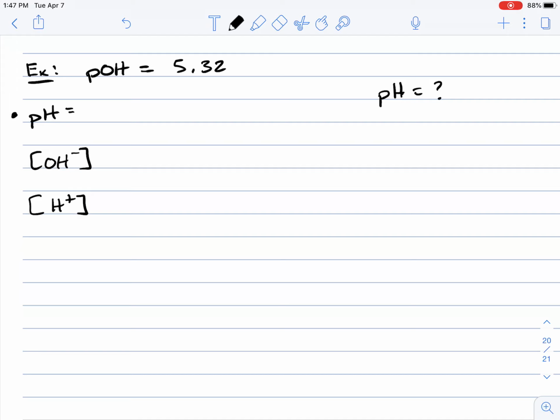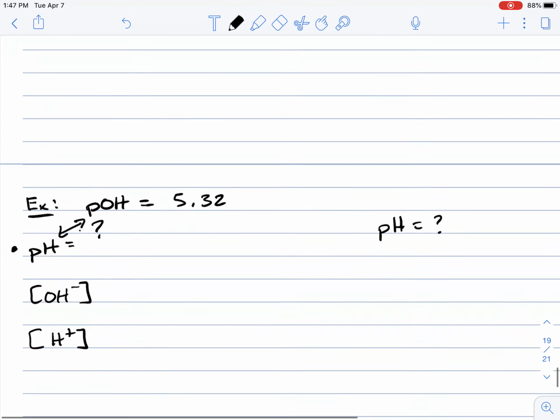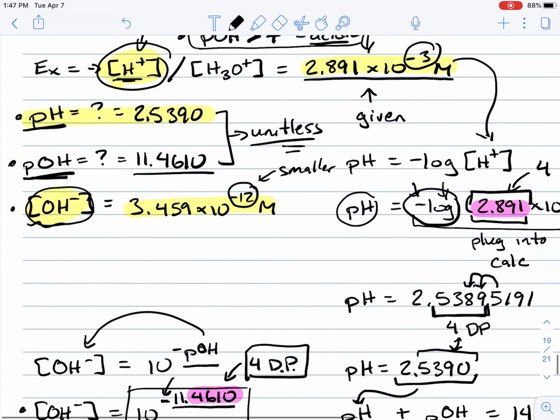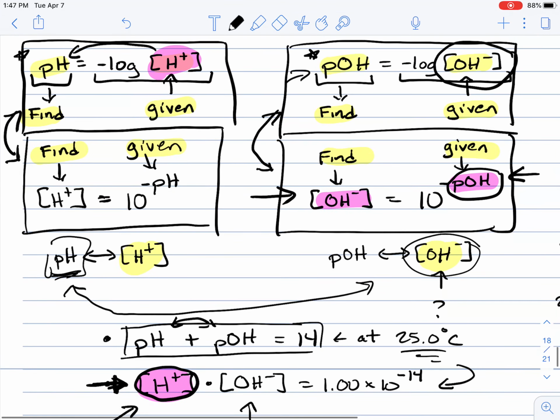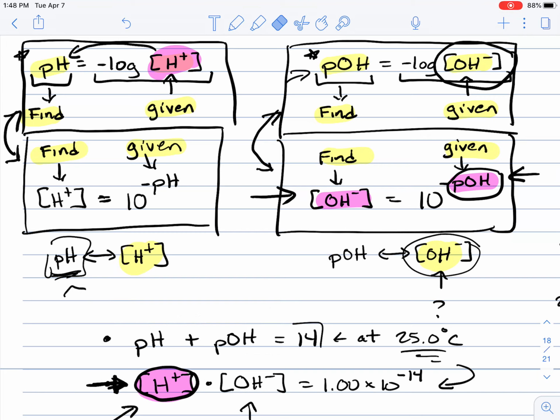I need to find a relationship that relates pH and pOH. And so if I scroll through my list of equations, I know it's kind of messy here, so I'm going to erase some stuff. Okay.